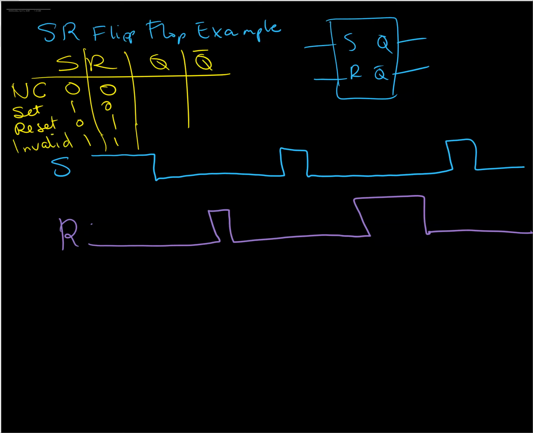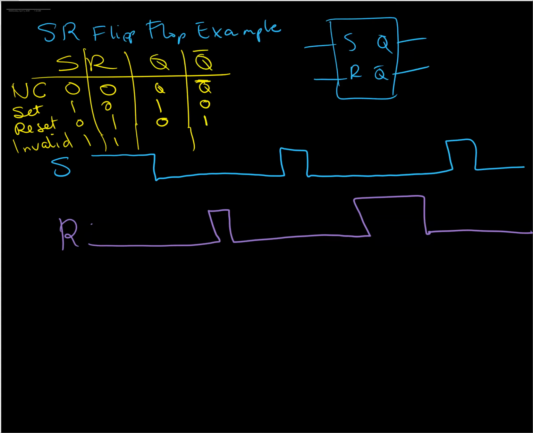And for no change, Q and Q bar stay the same. So I've got Q staying Q and Q bar staying Q bar. For the set state, Q becomes 1 and Q bar 0. For the reset state, Q becomes 0 and Q bar becomes 1.